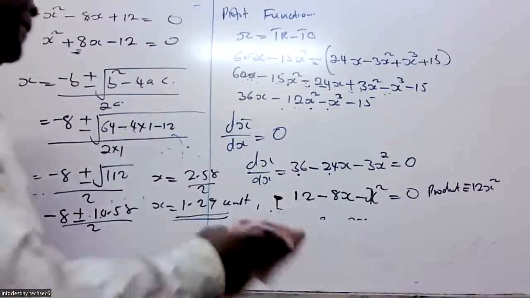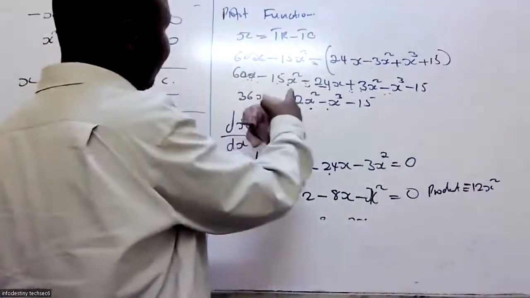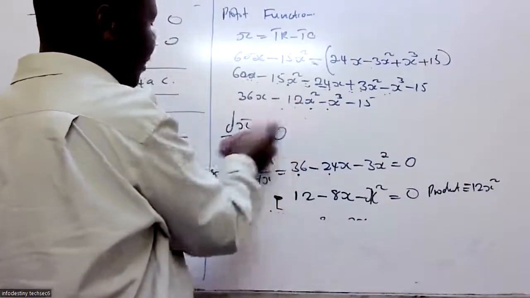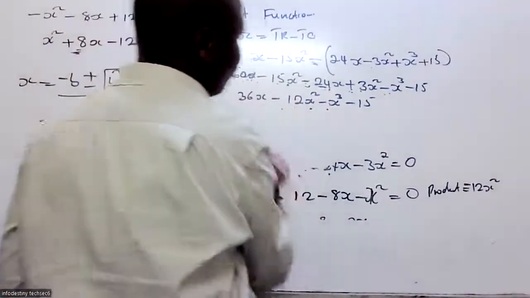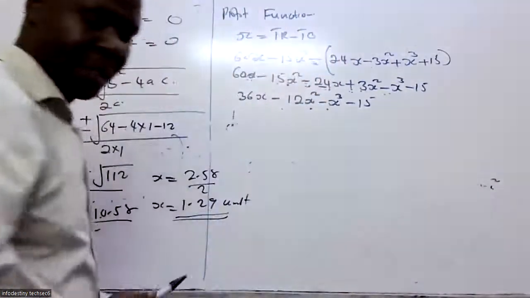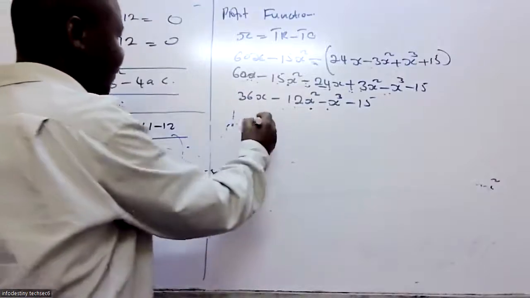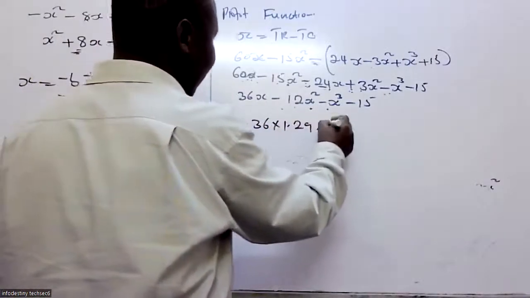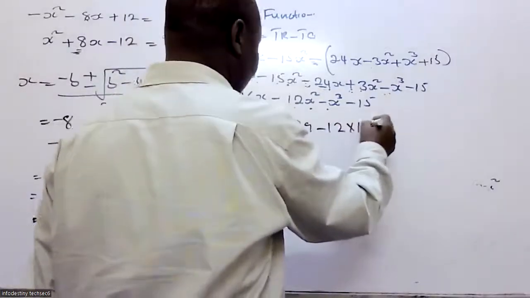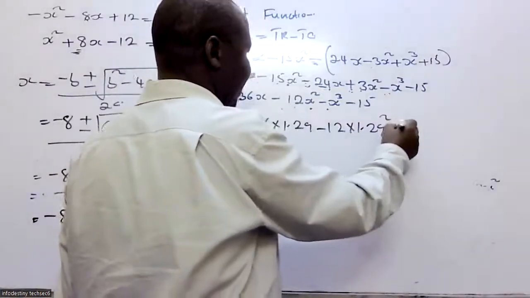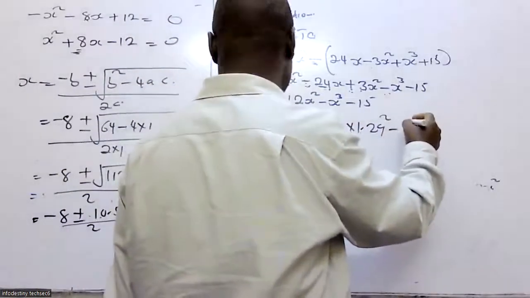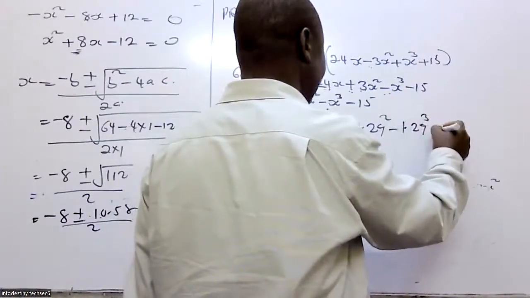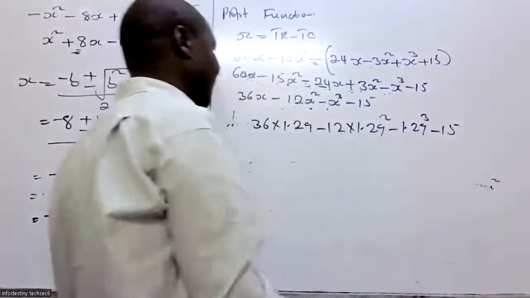Maximum profit. The profit function is this one. You're together? So we use this one for us to get the maximum profit. So we are going to say 36 times 1.29 minus 12 times 1.29 squared minus 1.29 cubed minus 50.